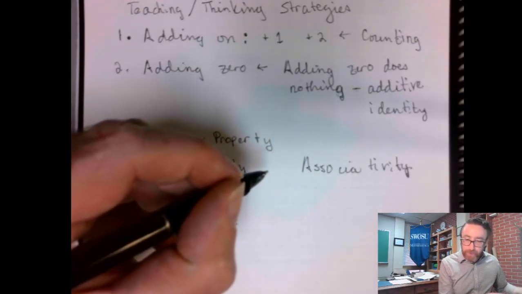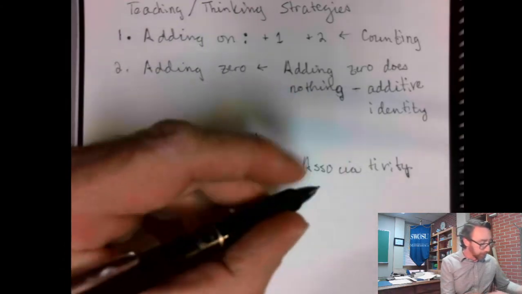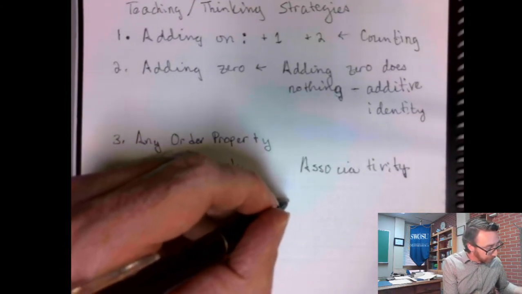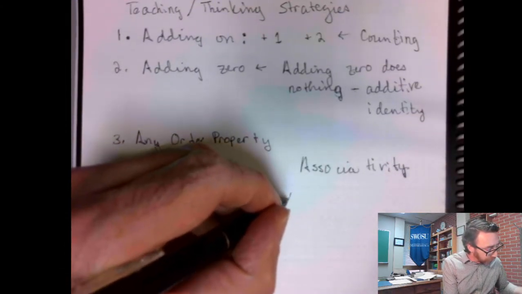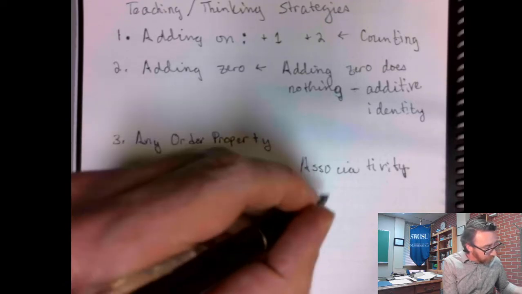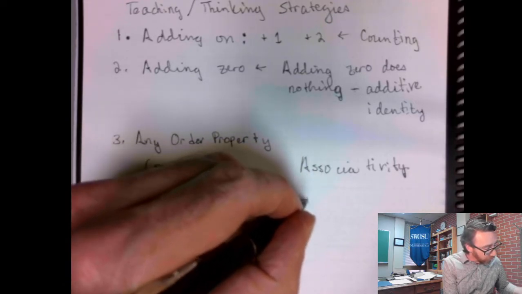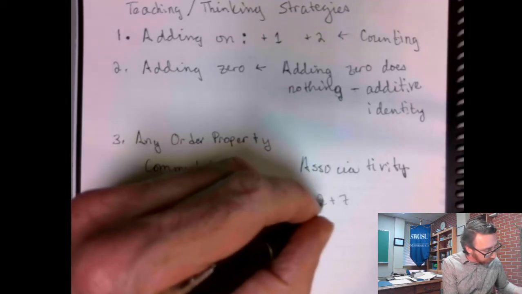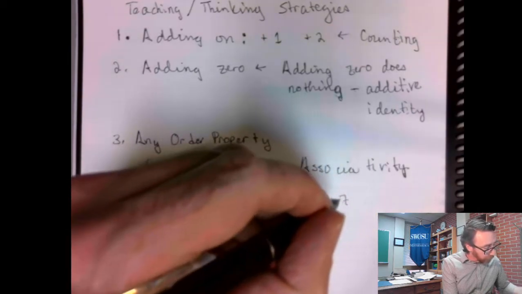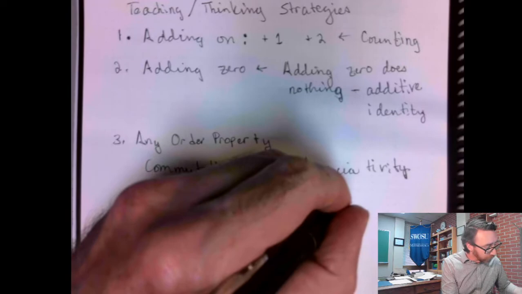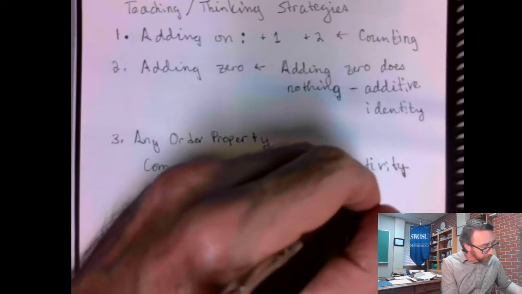The associativity property. This is handy because let's say we had, let's go, I don't know, 4 plus 2 plus 7. I can group it that way. Let's go ahead and make it 4 plus 2 plus 8.